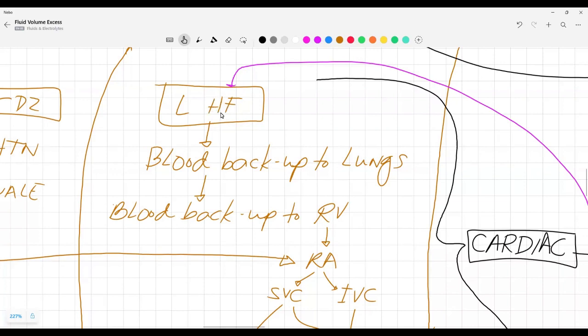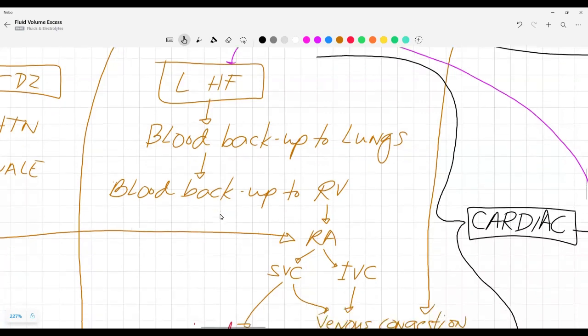And in that situation, the left ventricle is too weak to provide forward flow of blood. So what happens with the blood, instead of being pumped out through the aorta, is it stays in the left ventricle because of its weakness. And so then it backs up to the lungs. And then from back up to the lungs, the same thing happens.